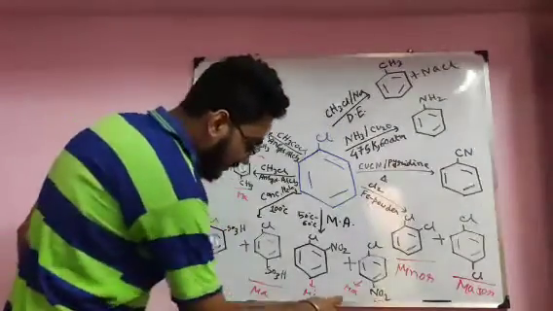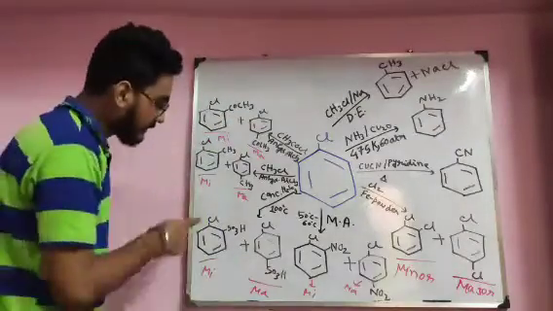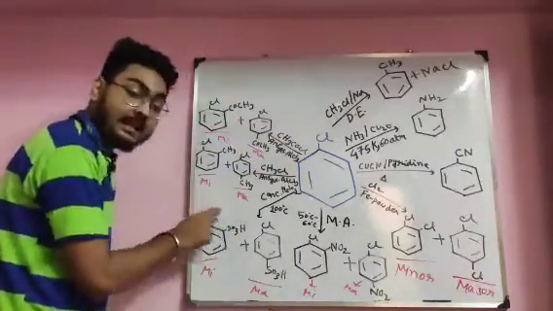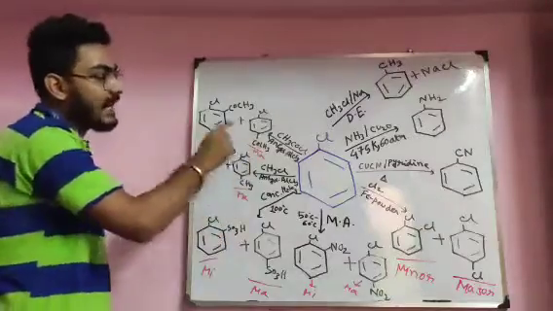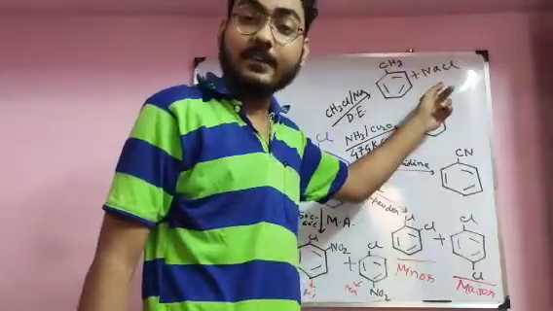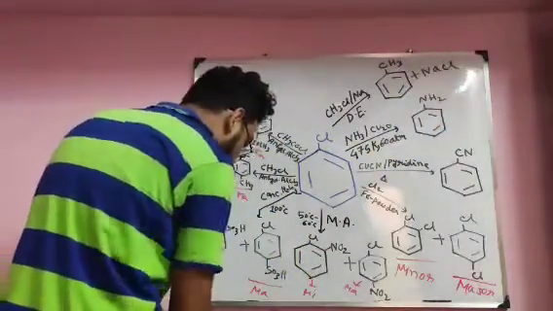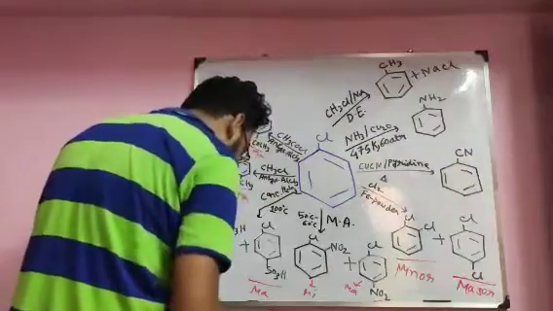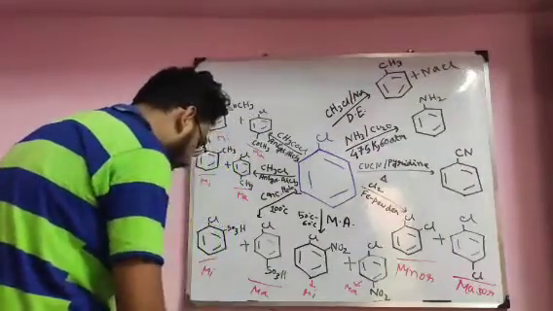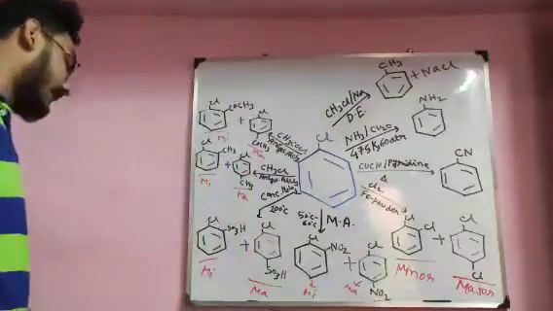This is nitration. This is sulfonation. This is Friedel-Crafts alkylation. This is Friedel-Crafts acylation. This is Wurtz-Fittig reaction. Next is Fittig reaction. When aryl halide reacts with metallic sodium in presence of dry ether, then biphenyl or diphenyl is obtained.